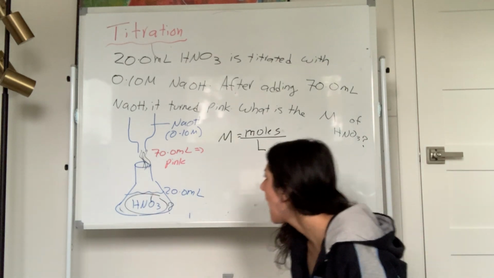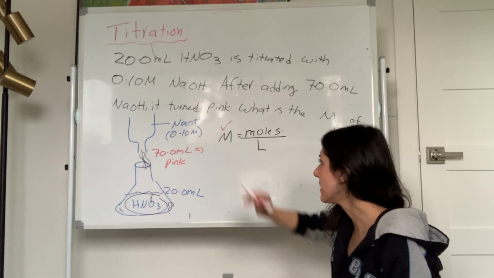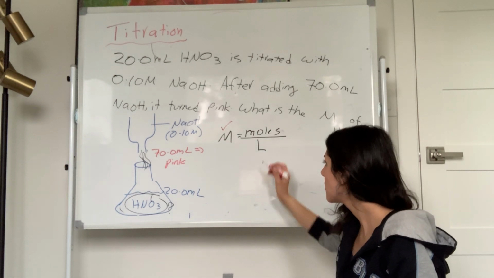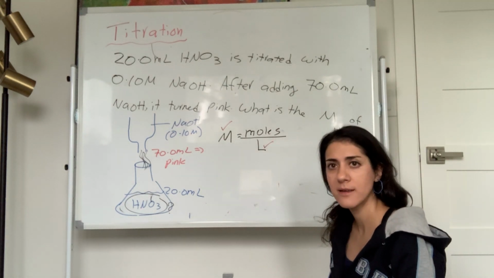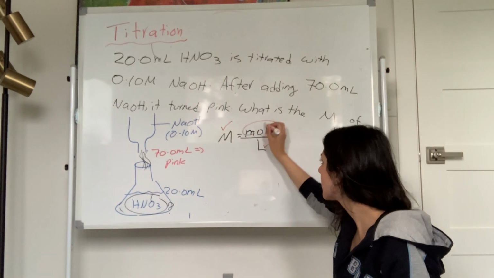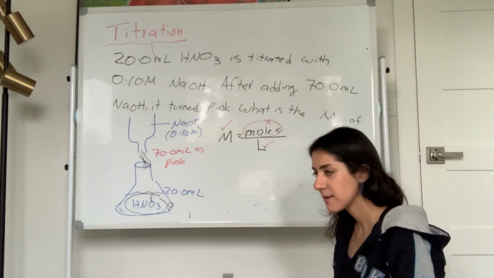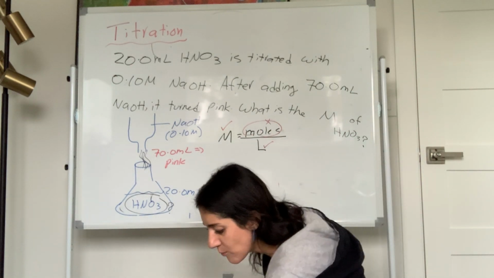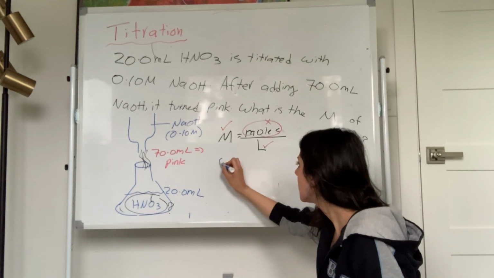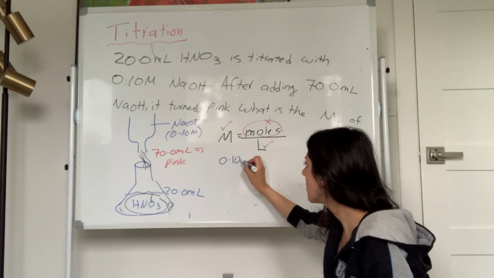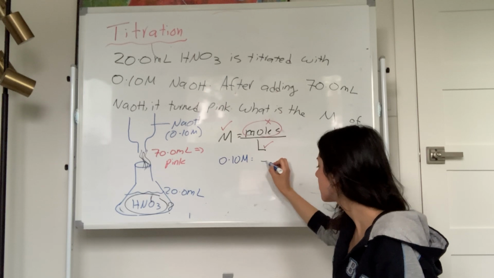Okay. I have the molarity of NaOH, and I know how much NaOH I added. So can I figure out the moles of NaOH? Yes, you can. The molarity of NaOH is 0.10 molar.